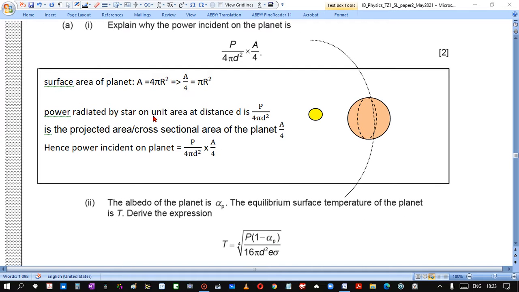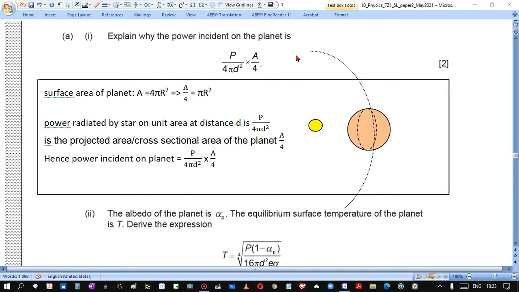Then, power radiated by the star on unit area at distance d is power divided by surface area at distance d, 4 pi d squared. So this is the power incident on a meter squared, and it falls on pi R squared of the planet. But pi R squared of the planet is A over 4, so we multiply these two factors and we get the answer.